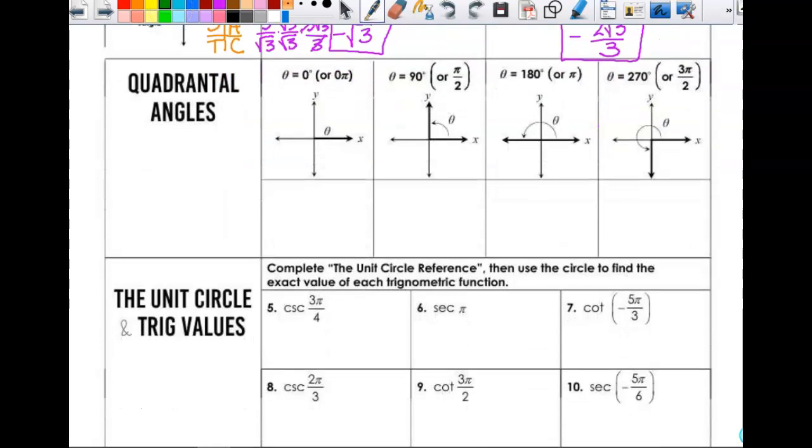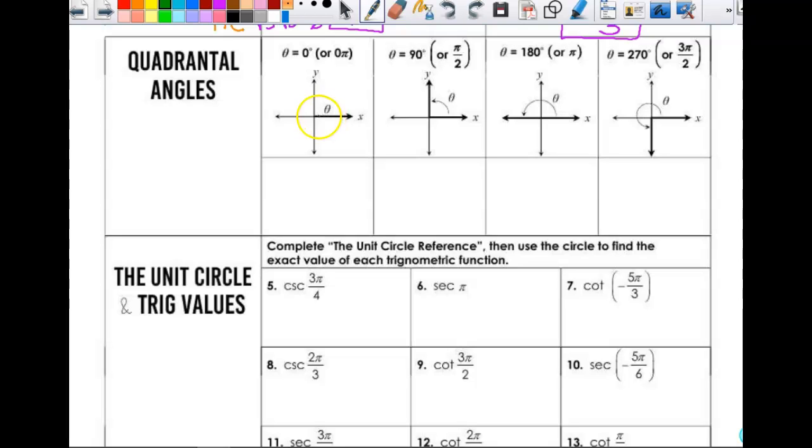Starting with 0. So I have 0 here. We're going to do the cosecant of 0, the secant of 0, and the cotangent of 0.